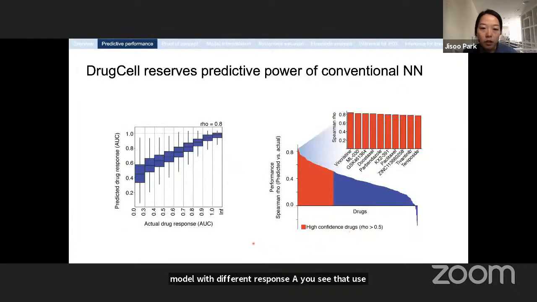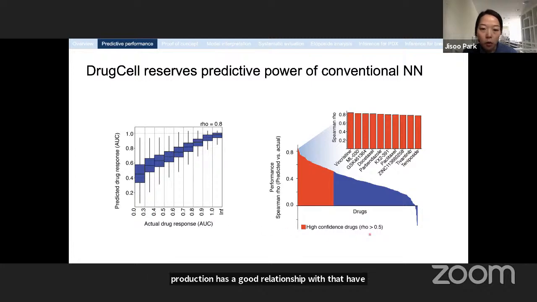Then we evaluated the predictive performance of the DrugCell model. The accuracy of our prediction was measured using the Spearman rho between the actual drug response AUC and the predicted AUC, and it was 0.8, as you can see in the first plot. You can also see that the distribution of the model's prediction has a good linear relationship with that of actual drug response.